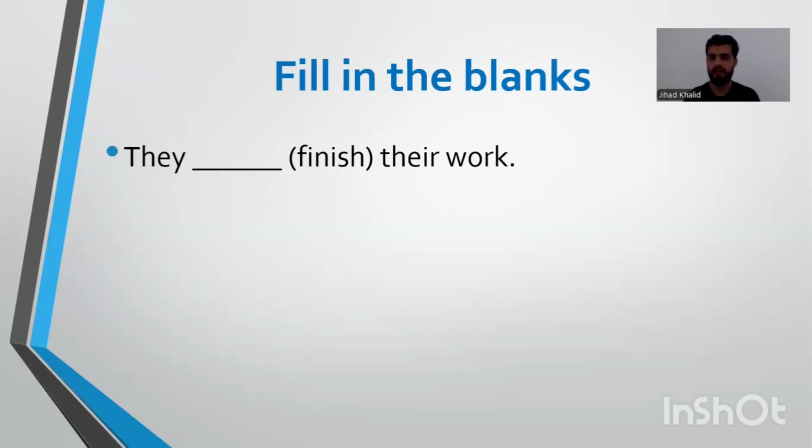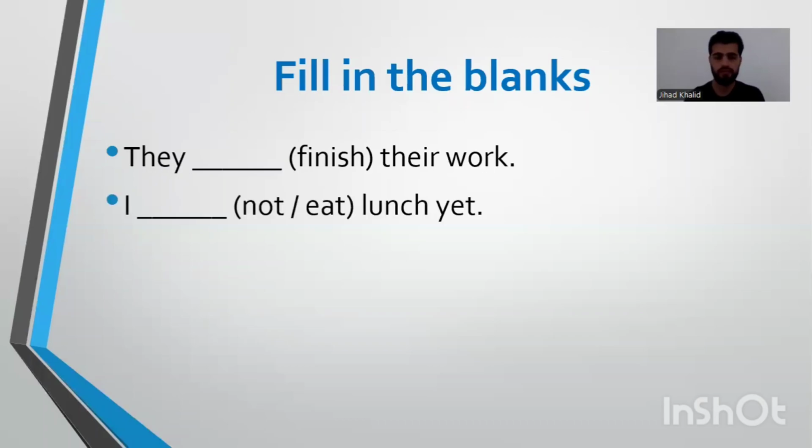So present perfect without has and have, that is not possible. So we should add have or has. If it is singular, it is has. If it is plural, have. So we say they have, then regular or irregular. Because here it's a regular verb, we say finished.